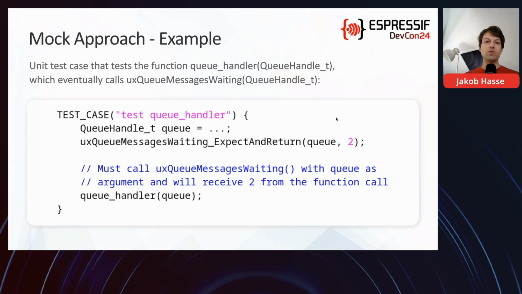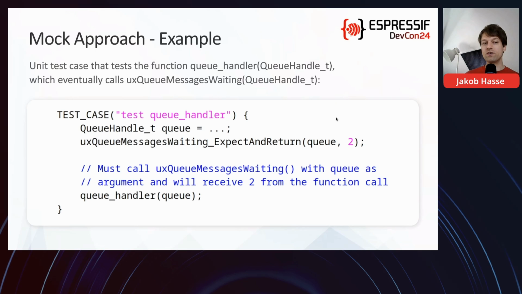Let's look at a simple use case. We have a unit test case here that tests the hypothetical function qHandler, which takes a queue handle as argument, and it is supposed to eventually call uxQueueMessagesWaiting, which also takes a queue handle as argument. So in the test case, you first initialize the queue handle, the variable q in this case.